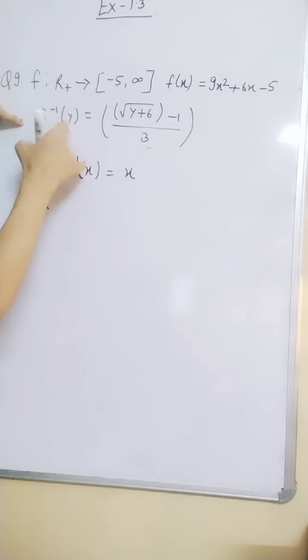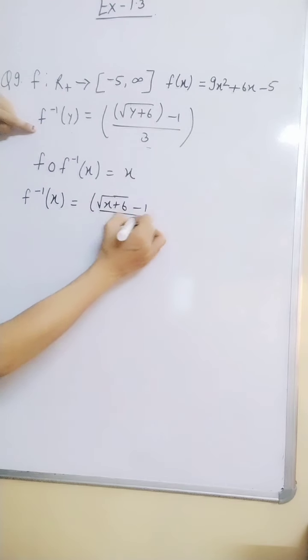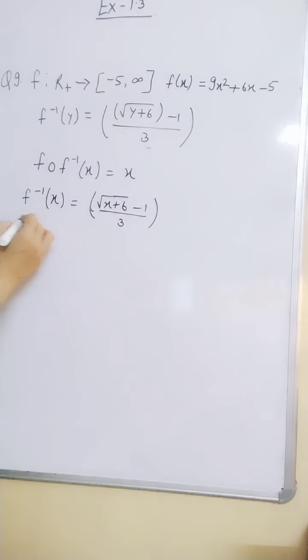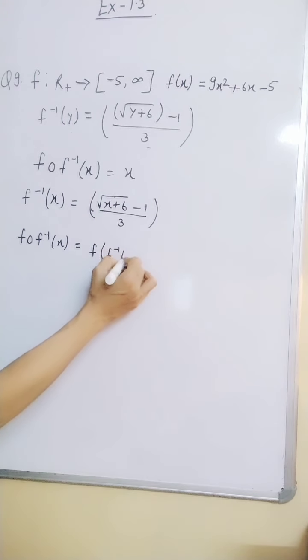So I can write this as (x + 6 - 1)/3, right? Now we will find the composition of f of f inverse(x). If it is equal to x, it means this function is invertible, otherwise not. So f of f inverse means f of f inverse(x).